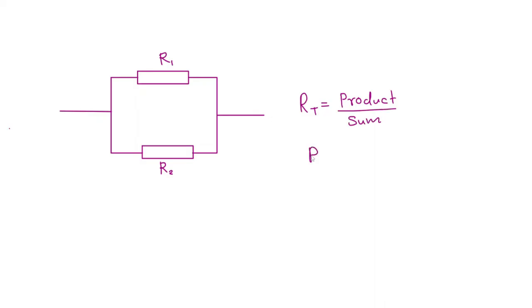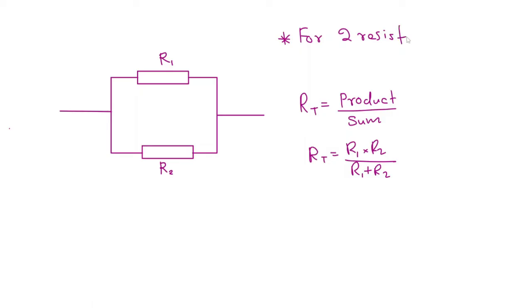So the total resistance is R1 times R2 divided by the sum of R1 plus R2. It's really important that you understand this only works for two resistors.